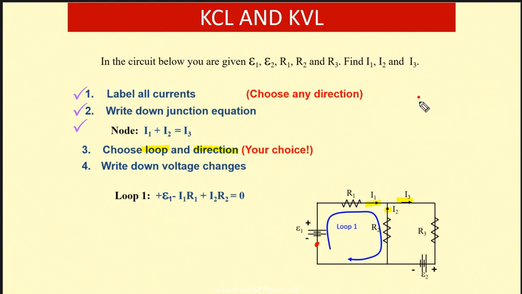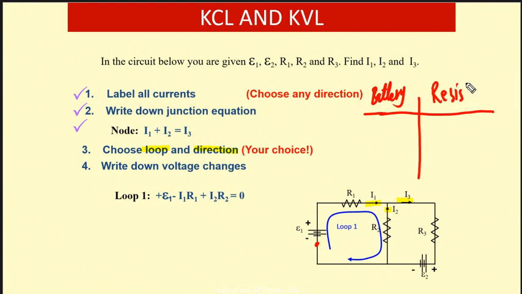Let me explain this a little first, because this is the key concept for KVL, so you have to be very clear. For batteries, when do we take the voltage as positive, and when as negative? For example, we have this battery, one terminal is negative and one terminal is positive.